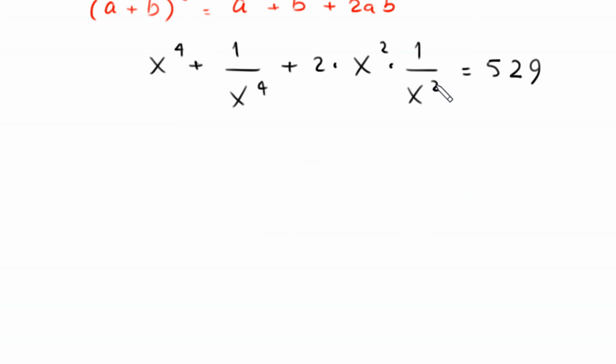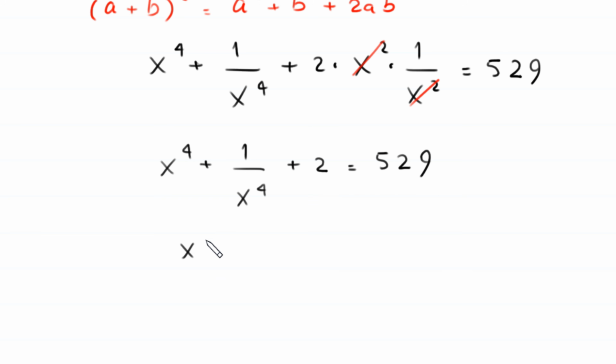Now this x squared will be cancelled out with this x squared, and we are left with x to the power 4 plus 1 over x to the power 4 plus 2 equal to 529. Move this 2 to the right hand side.